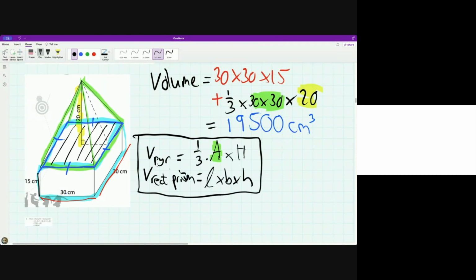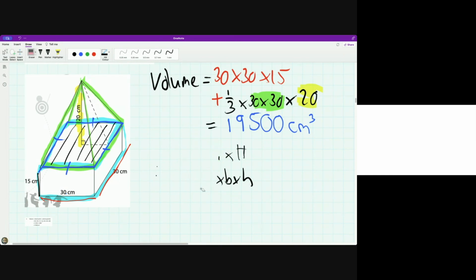Let me just get rid of these formulas. So for a pyramid, the surface area is going to be the area of the base plus 4 times whatever the area of the triangles is going to be.